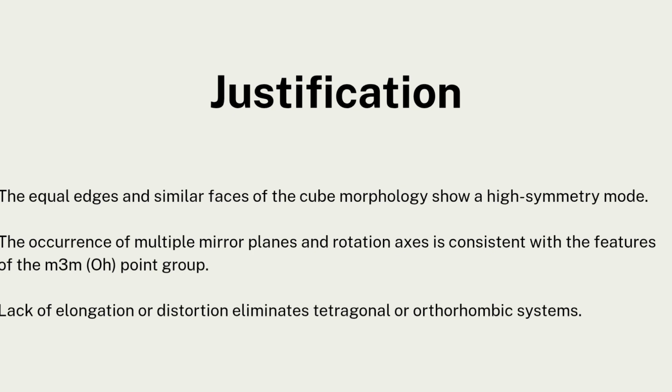Next, the presence of several mirror planes and rotation axes matches perfectly with the symmetry elements of the m3m point group, which has the highest symmetry among all the cubic systems. Finally, since there is no elongation or distortion in the structure, it can't belong to the tetragonal or orthorhombic systems. That's why the cubic m3m point group is the most accurate classification.